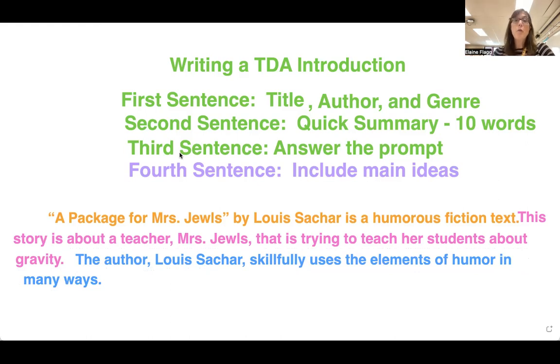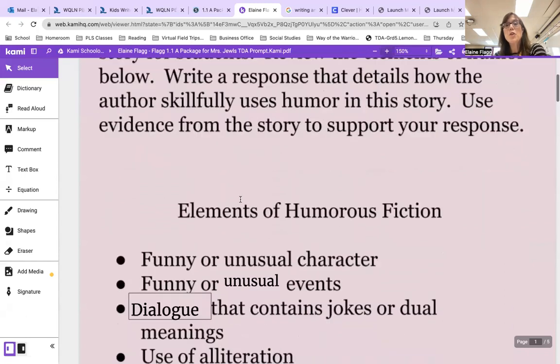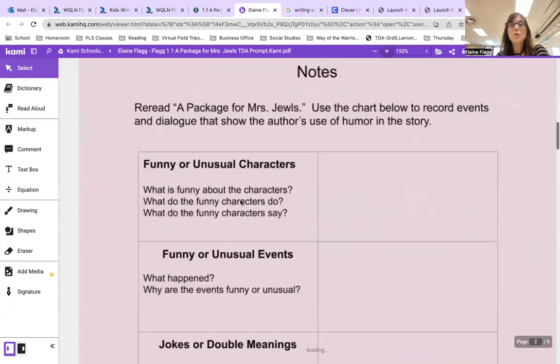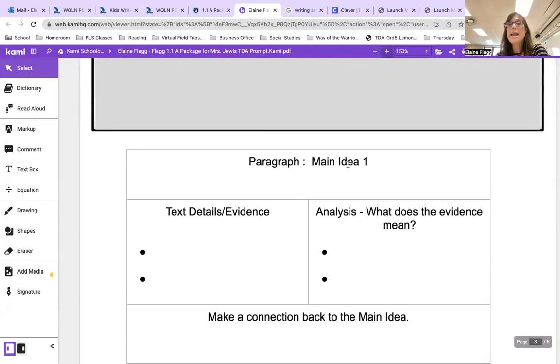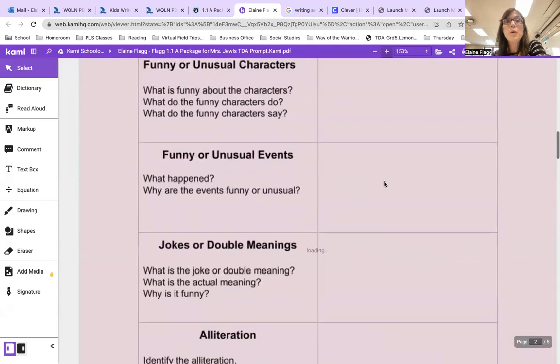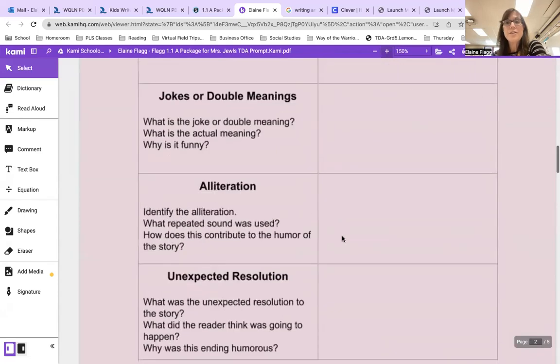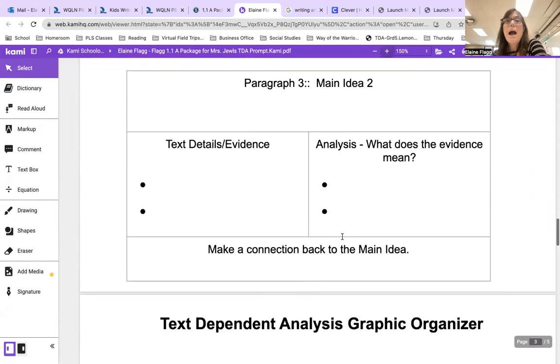Now, the fourth sentence, if you want to include the fourth sentence, you would actually use your main ideas from this prompt. So you'd have to go down to main idea 1. The author first uses humor through unusual characters. Or you could say all three in one sentence.